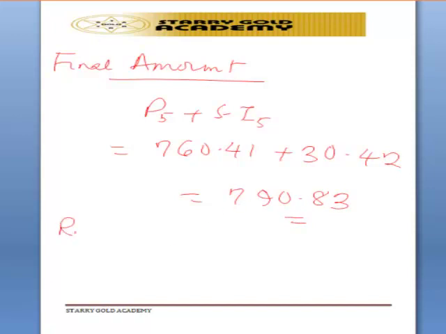But recall, original amount is equal to 650. So when I remove the original amount from the final amount, the balance is what we call compound interest. So compound interest is equal to final amount minus original amount.